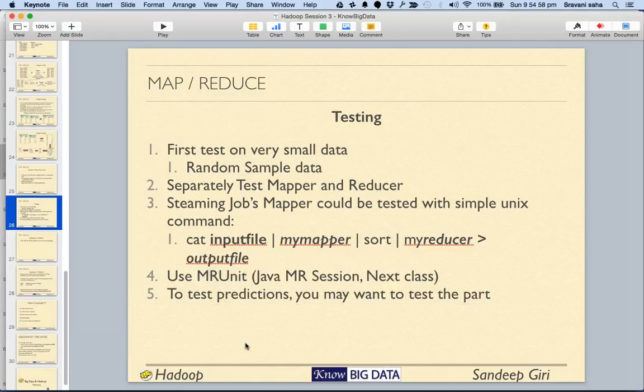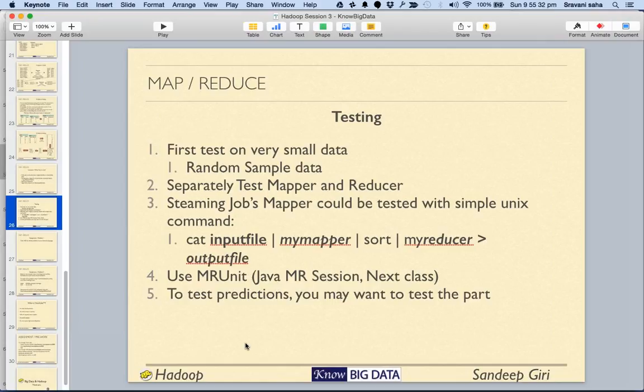Next is how do you test predictions? Because mostly when you will be using these big data tools, you might be using it for predictions. So this is an interesting question. Can somebody answer this fifth one? How to test predictions?